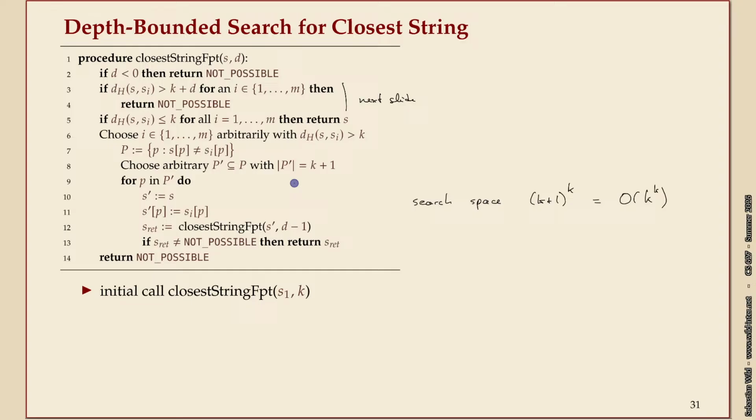And then we can pick a subset of those positions where it differs, at most k plus 1, and just try each. And by try each, I mean modify the current candidate to have the character that this largely differing string has at these positions, and try to recursively solve the problem, where now the budget is 1 less. Okay, there was this key step.